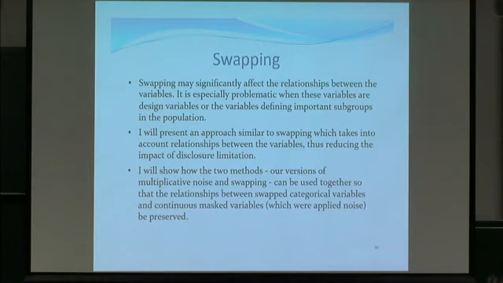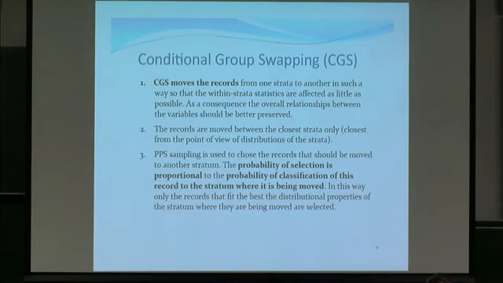So I'm going to present an approach which is similar to swapping, but which takes into account the relationship between the variables. And I will show how these two methods, this version of multiplicative noise and swapping, can be used together so that the relationship between swapped categorical variables and continuous masked variables would be preserved.